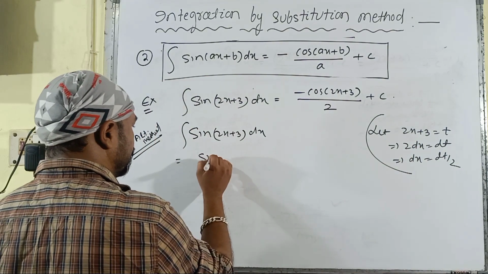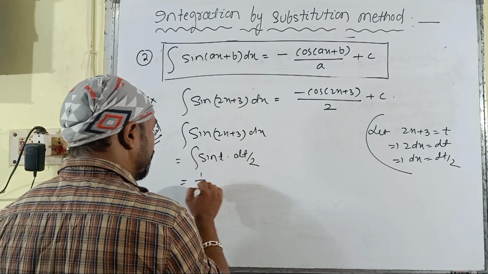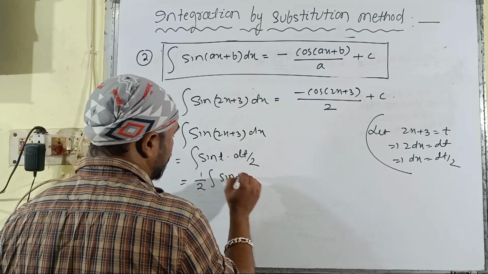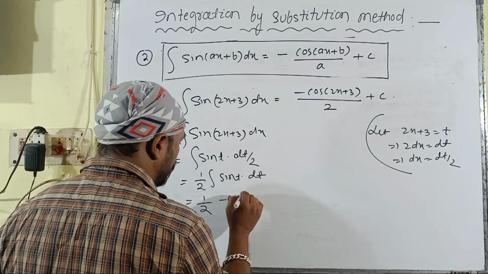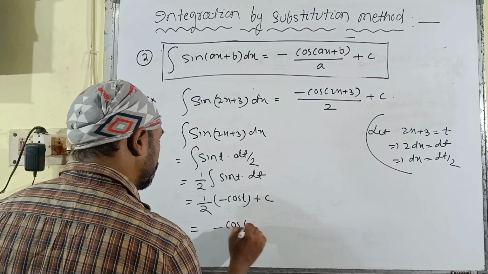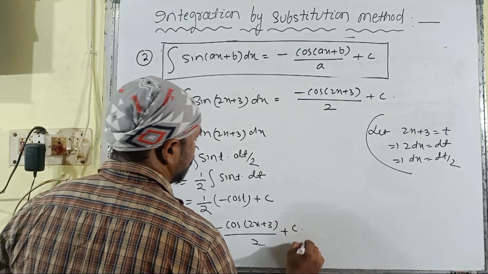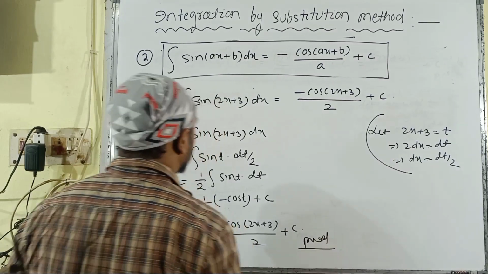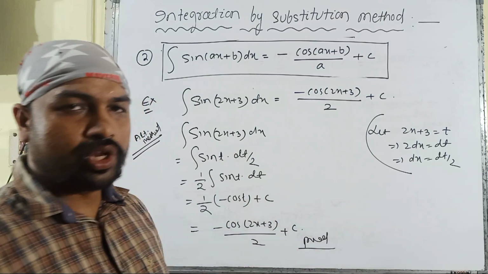That means it is sin t dt divided by 2. It is 1 by 2 multiplied with the integral of sin t dt. It is 1 by 2 times minus cos t plus c. That means the result will be minus cos(2x + 3) divided by 2 plus any constant c. And here is the proof of the example based on theorem number 2.